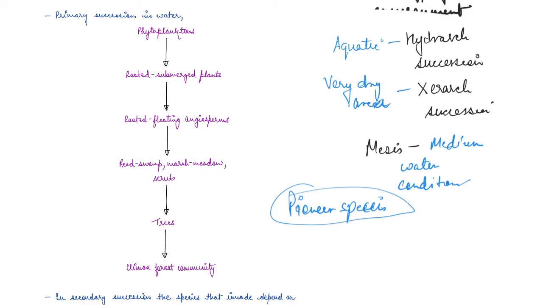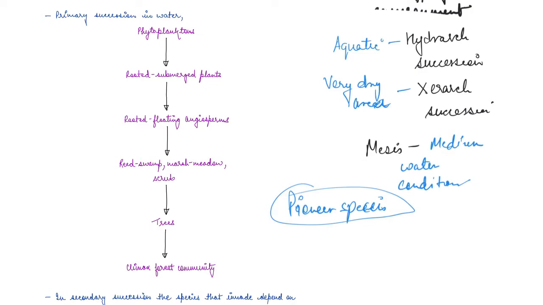After the free floating plants, we have swamp, then we have marsh meadow, scrubs, and finally trees. And then from there, we reach up to the forest again, which is the climax community. So here with time we are converting a water body into land ultimately, and it is becoming a mesophytic community, right?